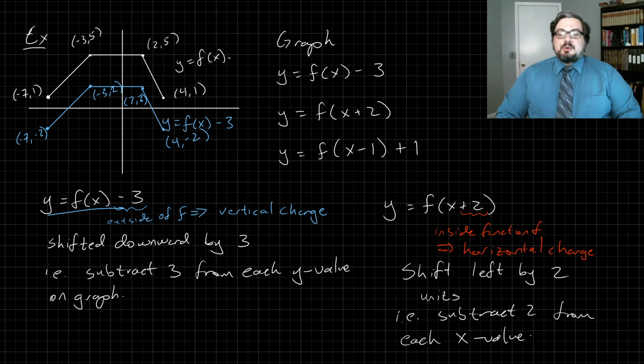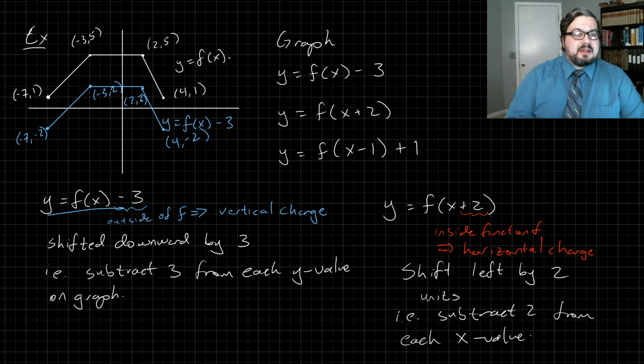So intuitively, things that are affecting the function close to the x are affecting the x values of the points of the function, and things that are on the outside of the function are affecting the y values of the function. So if we do that, then we can take each of these points and subtract 2 from their x values. So the point (-7, 1) gets shifted over to the point (-9, 1).